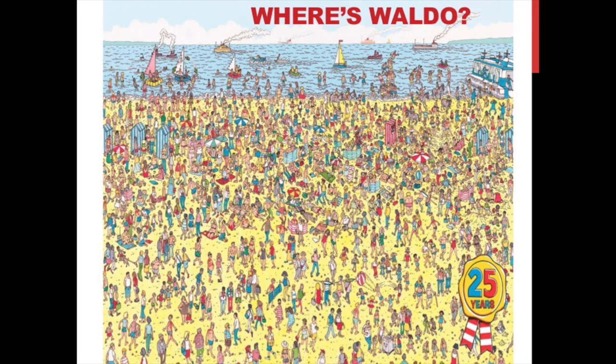So let's take some time to read this specific text and try to look for some information in it. The instruction for us is to look for Waldo. So where's Waldo? I'll give you some time.